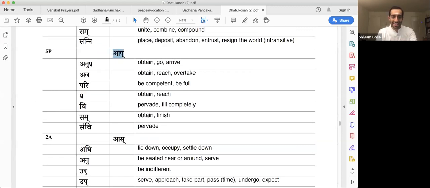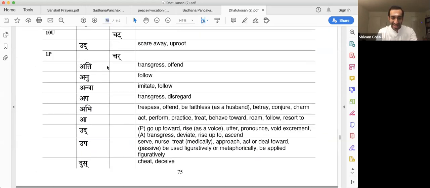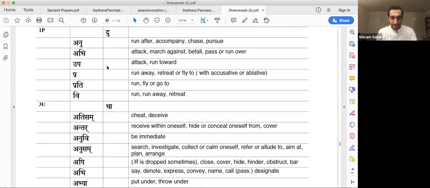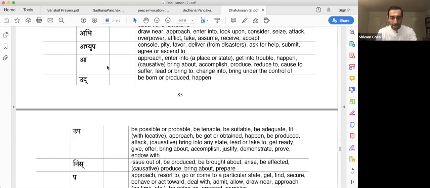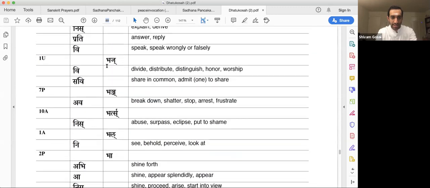Okay, 86. Thank you for telling me the page of bu. That would be easier as an example. Let's go to page 86. You'll find bu on page 86.